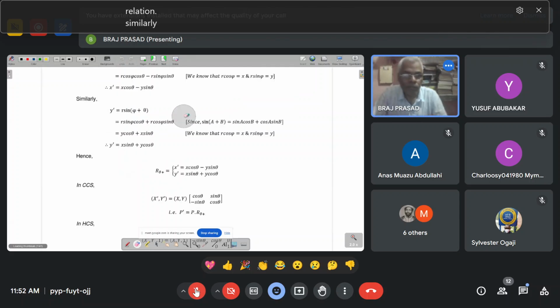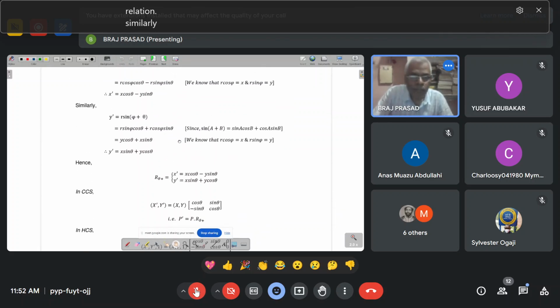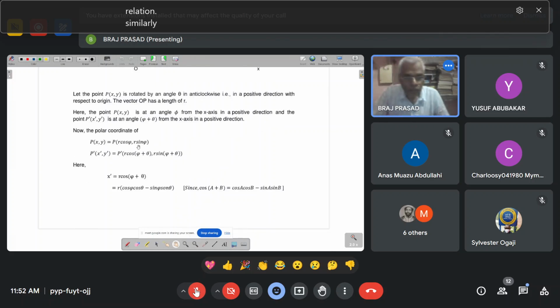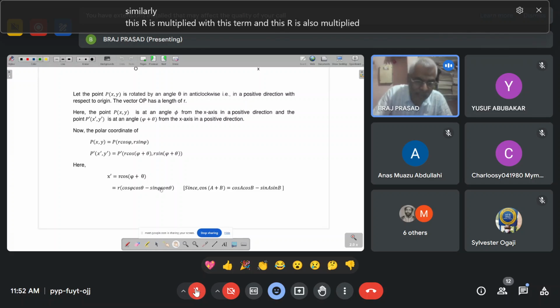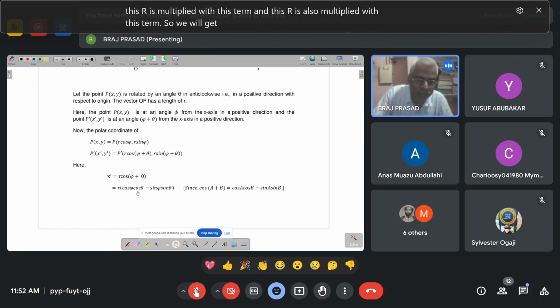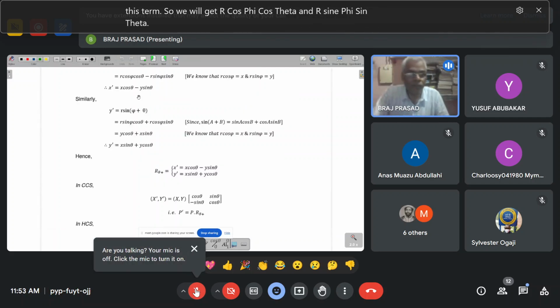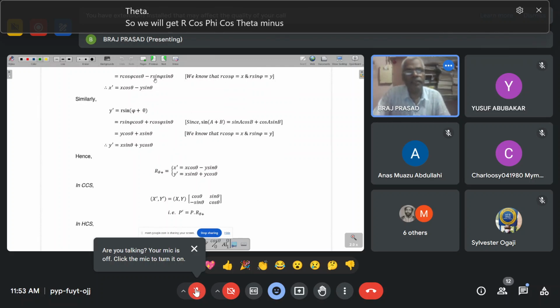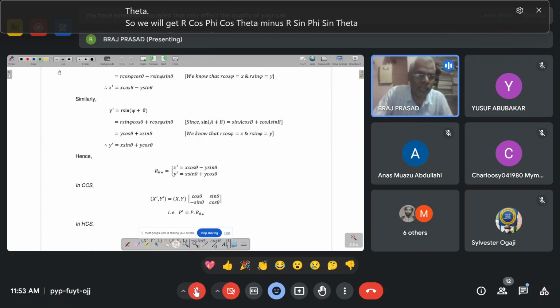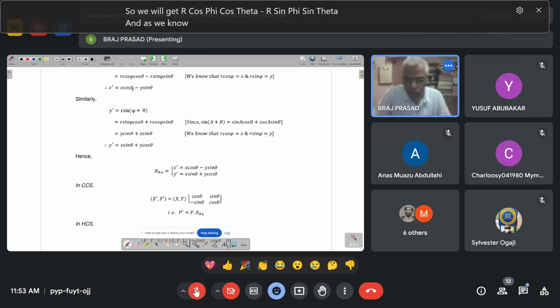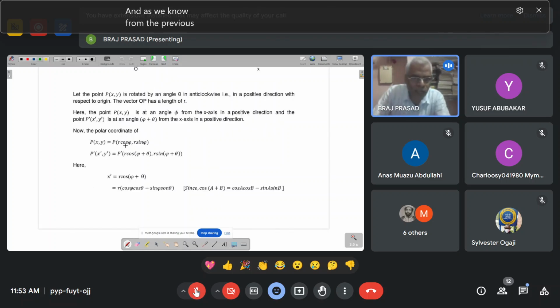Similarly, this r is multiplied with this term, and this r is also multiplied with this term. So we will get r cos phi cos theta minus r sin phi sin theta. And as we know from before, r cos phi is equal to x and r sin phi is y.